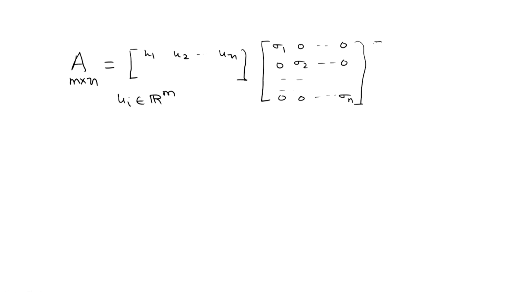Then I have the matrix V transpose, which is again an n by n matrix. So it has n columns and each Vi belongs to n dimensional real vector space, meaning each column is a vector. Moreover, the Ui's are orthonormal as well as the Vi's. So these are orthonormal vectors.